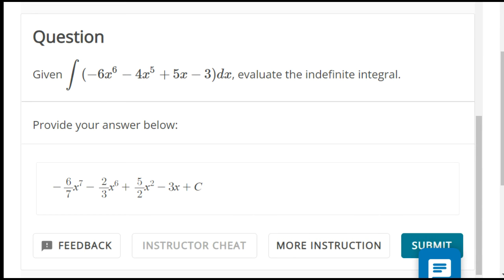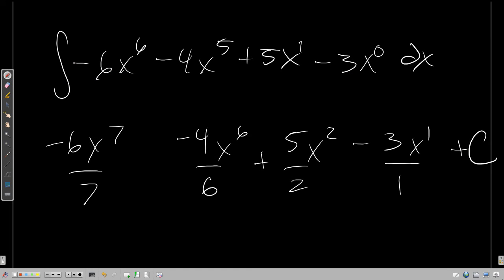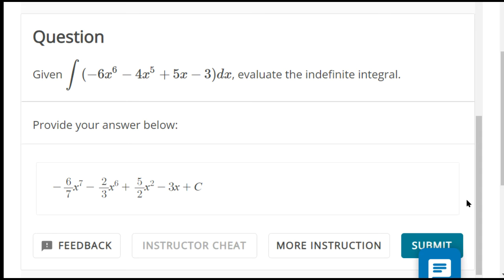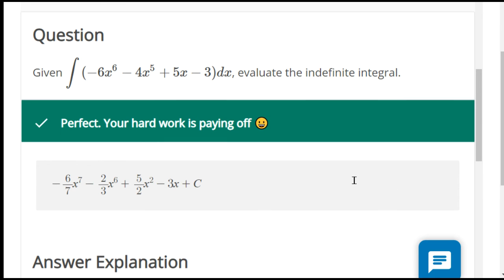I guess simplify the -4/6. Don't write all this extra decorative 1s. That's just there for your edification.